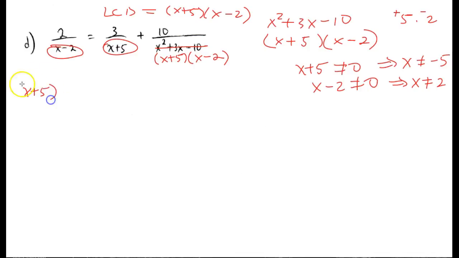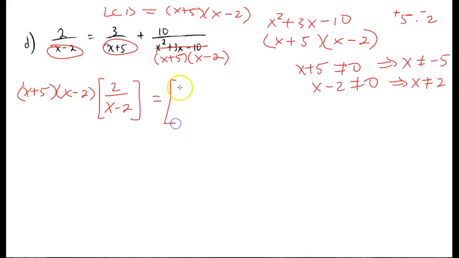We'll have x plus 5 times x minus 2 to the left, and then 3 over x plus 5 plus 10 times x plus 5 x minus 2.